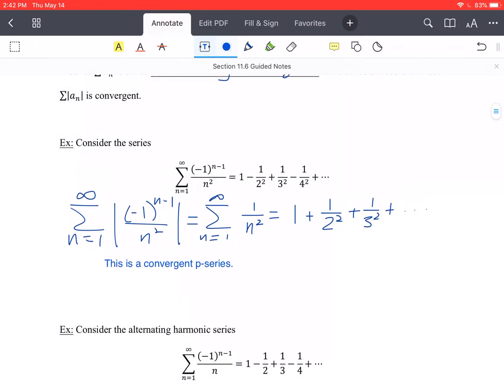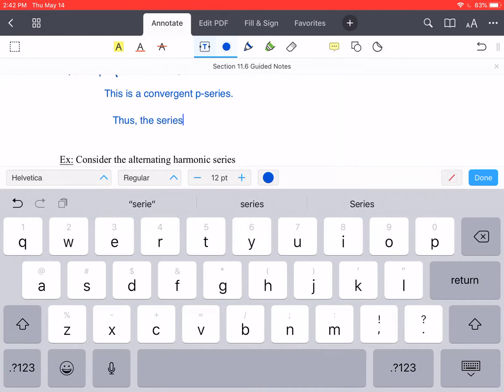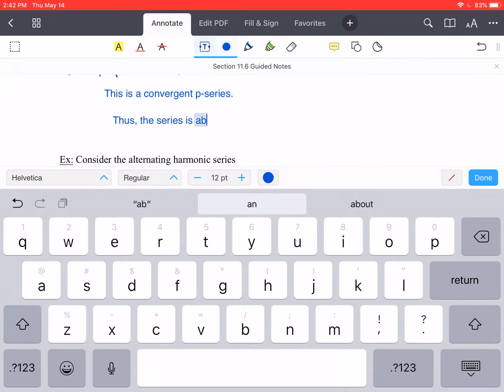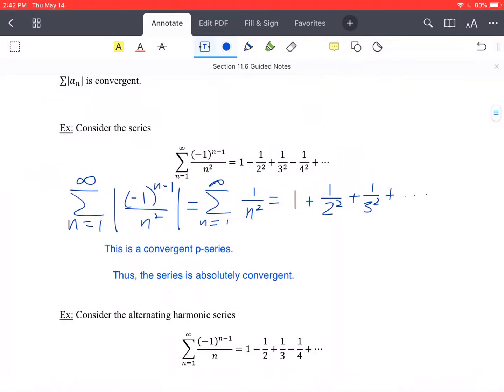So, thus, the series is absolutely convergent. Since the absolute value series was convergent, that means the original series is absolutely convergent.